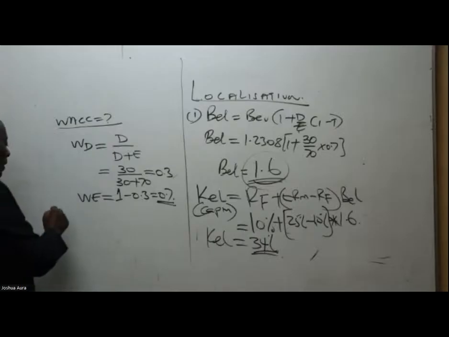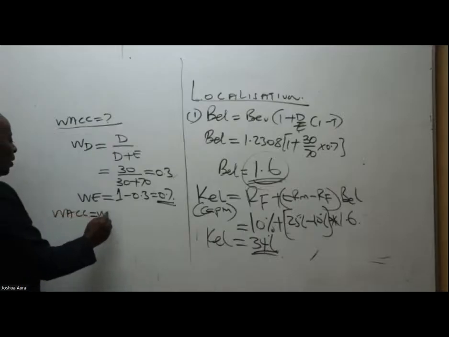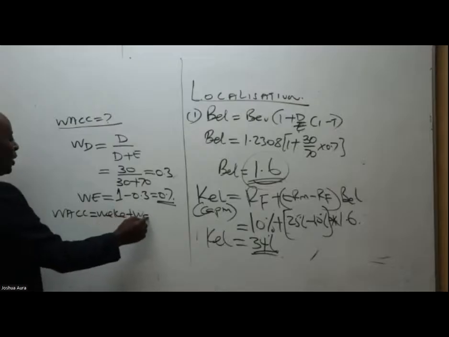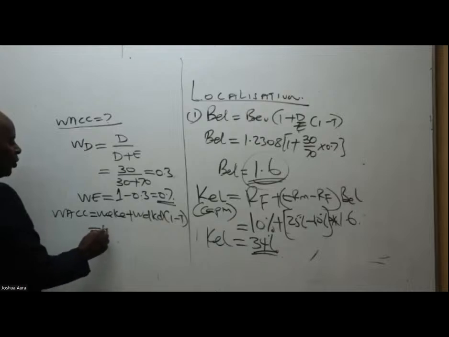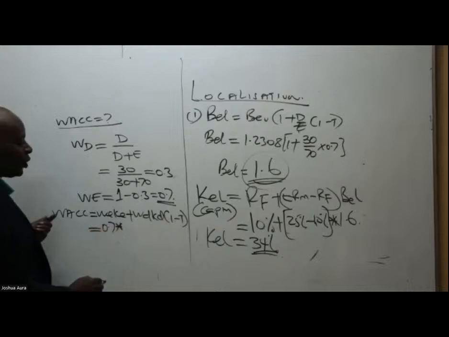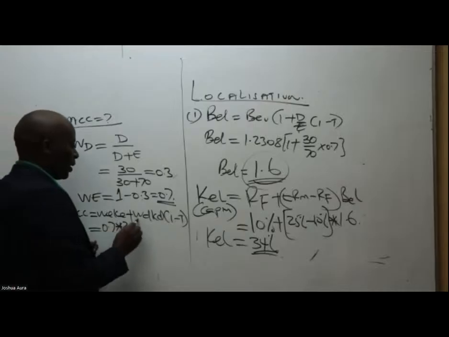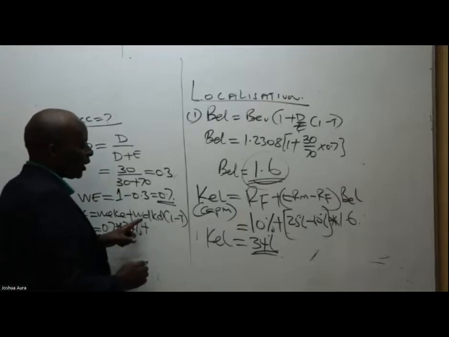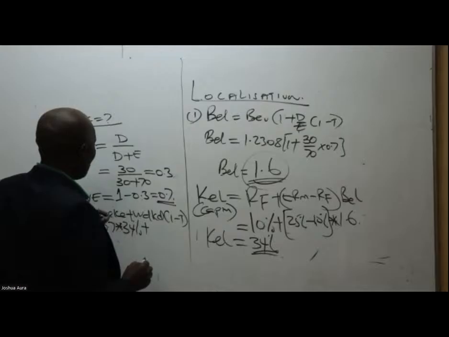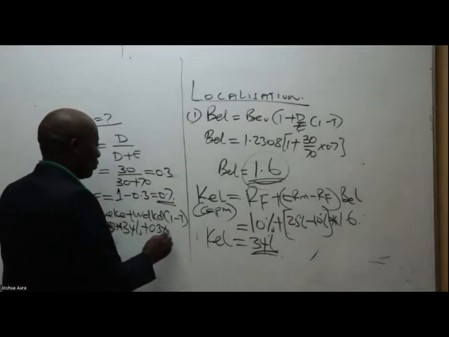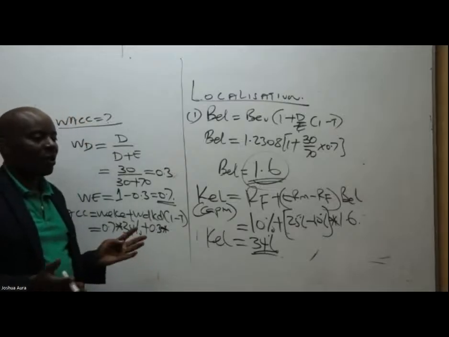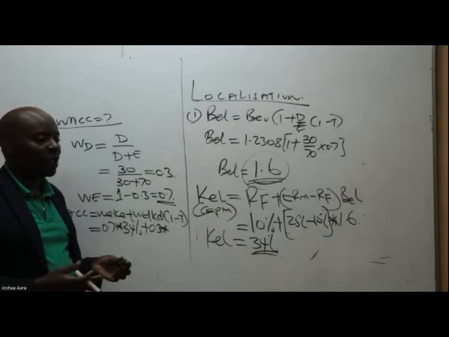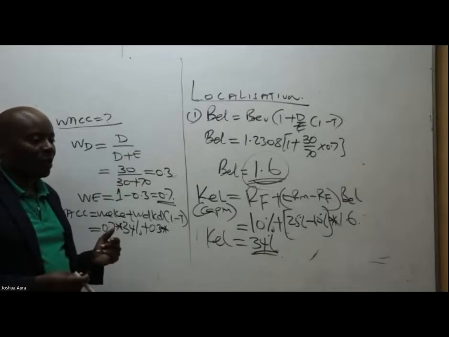Now the WACC will be weight of equity times cost of equity, plus weight of debt times cost of debt times 1 minus tax. The weight of equity is 0.7. The cost of equity we already have as 34%, plus the weight of debt, which you have given me as 0.3. Has the cost of debt been given expressly, or do we work with risk-free, which is 10%?